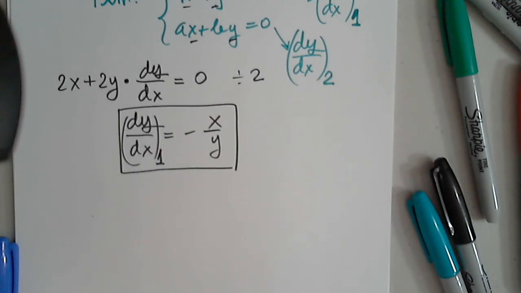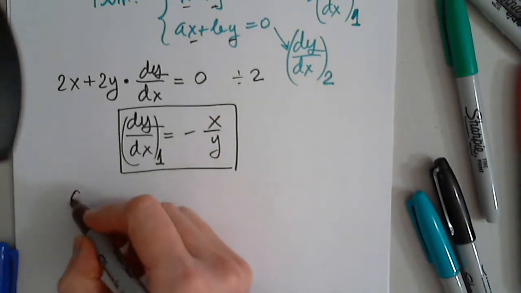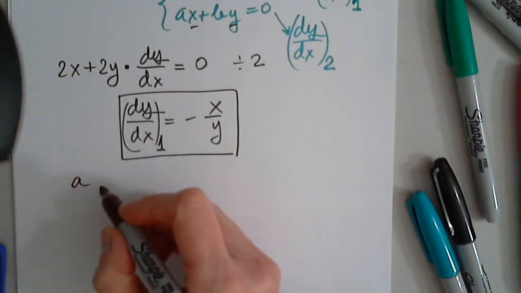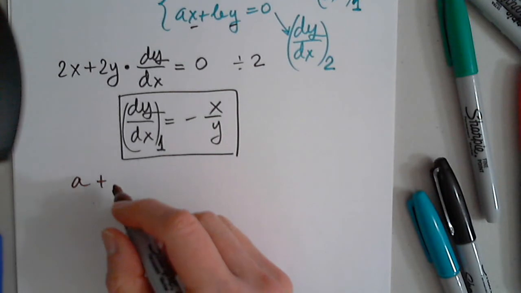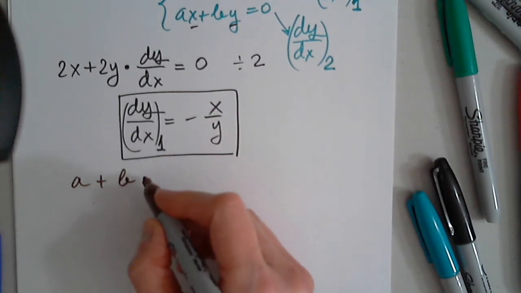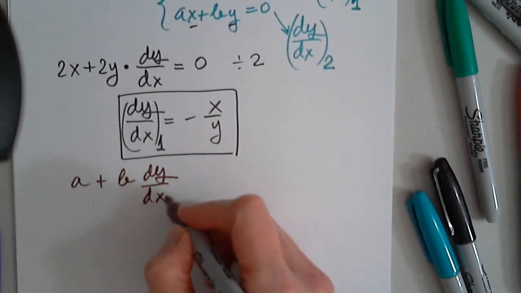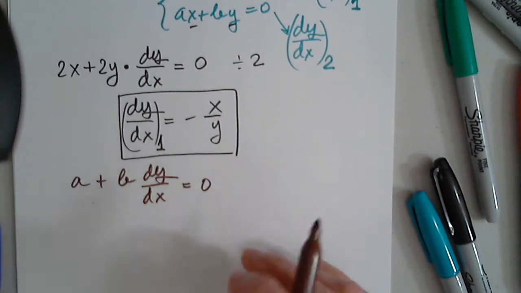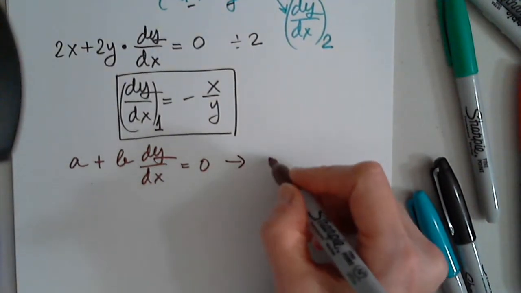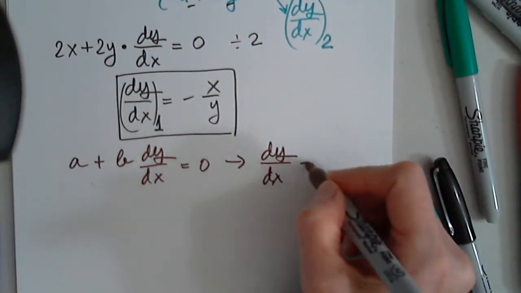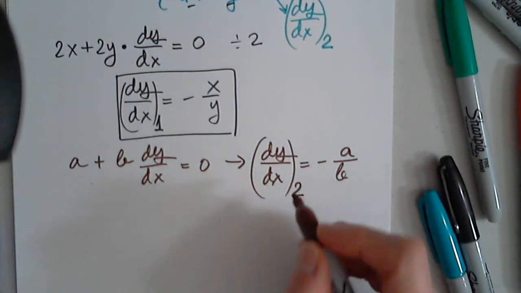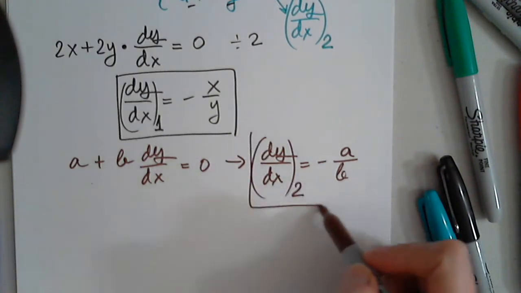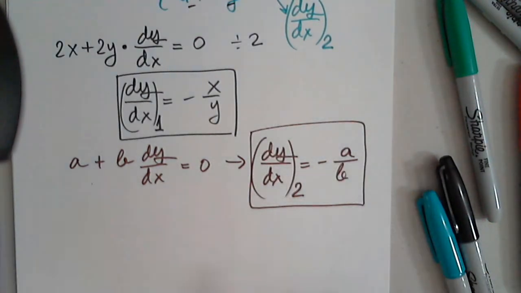A. Yes, the letter A. I got it. B times dy over dx. Excellent. Equals 0. Of course. So now from here I have dy over dx equals negative a over b, and this is coming from the second equation. Great job. Perfect.